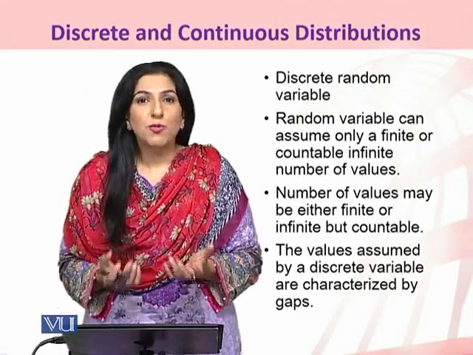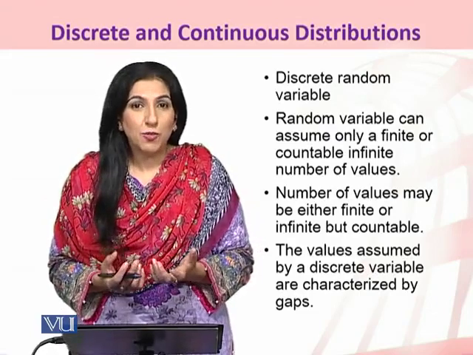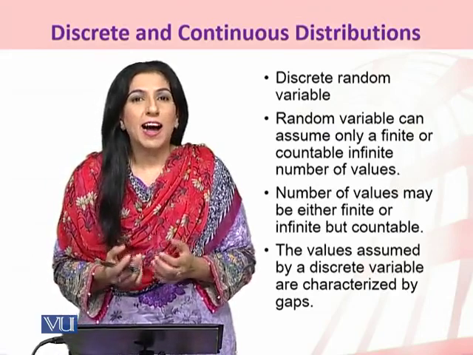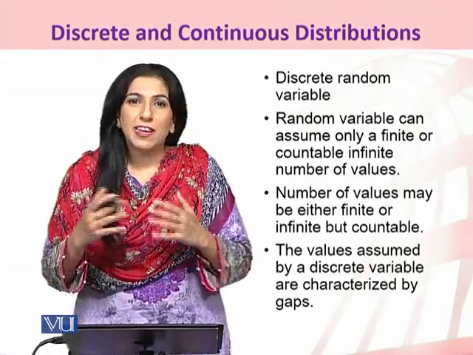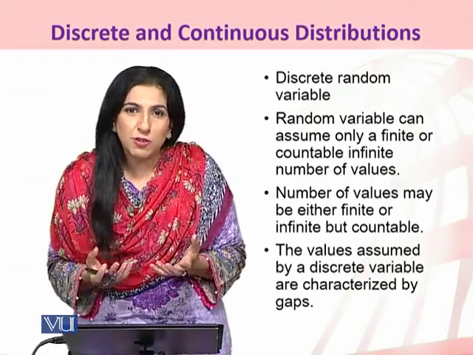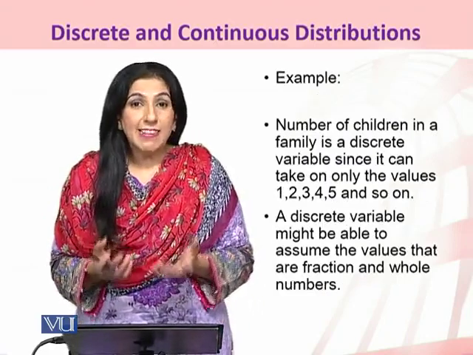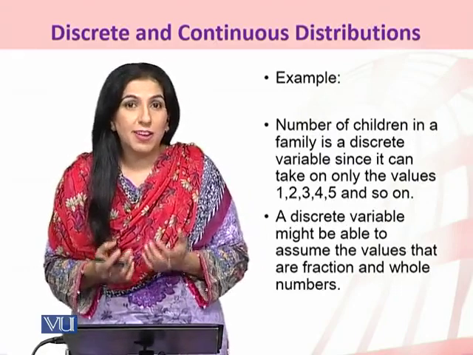But the number of values may either be finite or infinite. The values assumed by a discrete random variable appear with gaps, or there will be jumps between the data points.